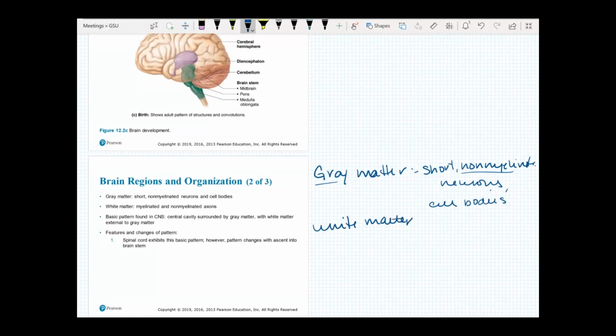If you have white matter, this is going to be myelinated axons with some unmyelinated as well. However, because you have the myelinated axons there, it is going to come with that white fatty substance that will make it look a little bit white.